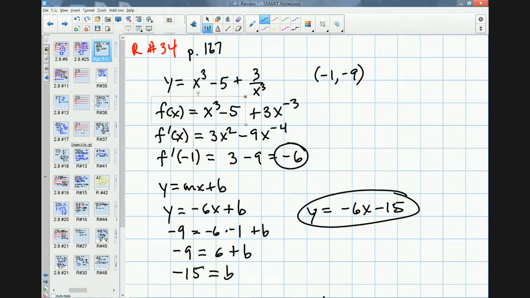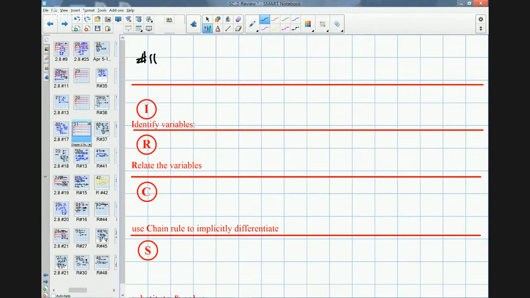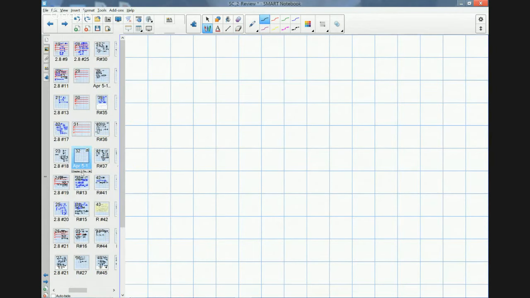So what I'm going to do here is create a slide. Okay, so this is review number 8. And again, I don't have the graph, so those of you who have it, you're really going to have to look at your book because there's a graphic here.